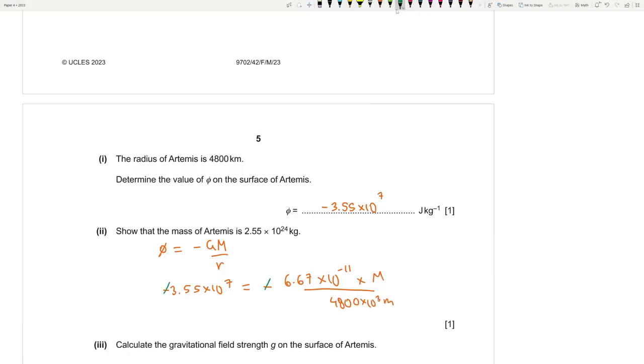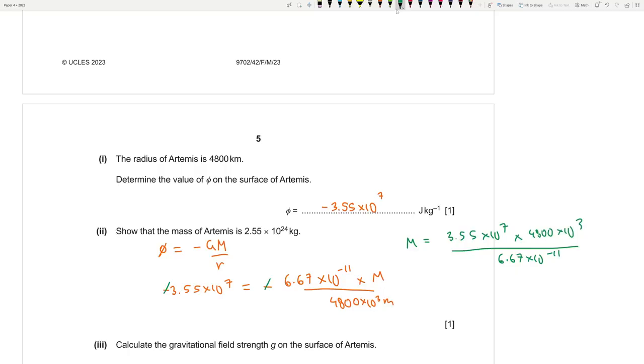You can get rid of the sign. I got the value of G from the data booklet. I just have it memorized, but you can use it from the data booklet.